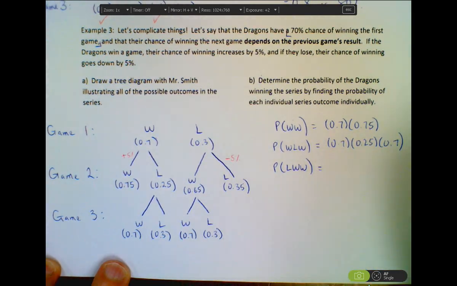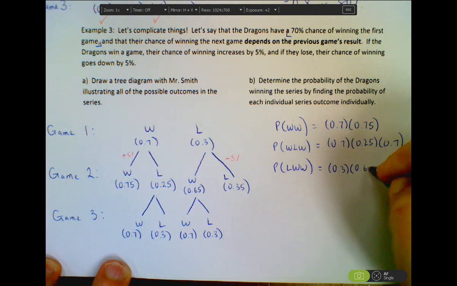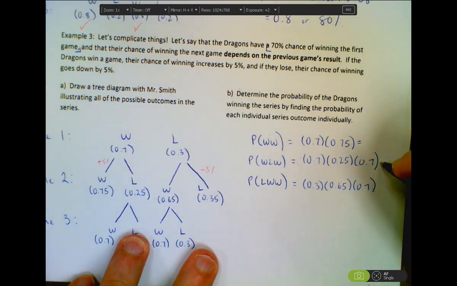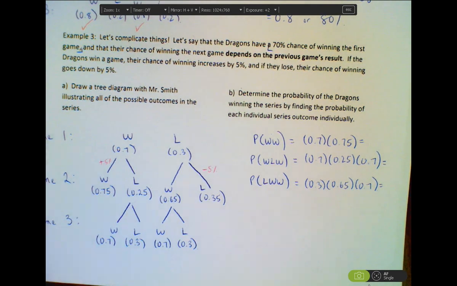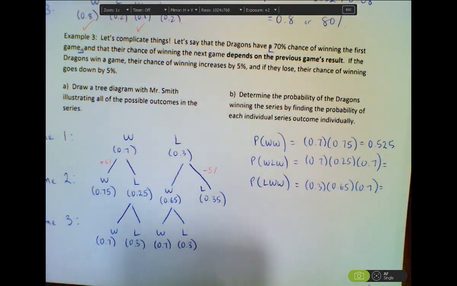Loss-win-win is 0.3 times 0.65 times 0.7. I've kind of squeezed myself off to the edge here. That's okay. I'll squeeze these results in here. So 0.7 times 0.75. And there's really no need to round any of these. These are nice and exact. So 0.525, 52.5%.